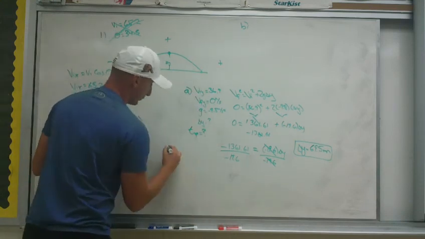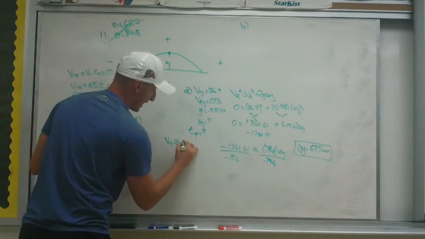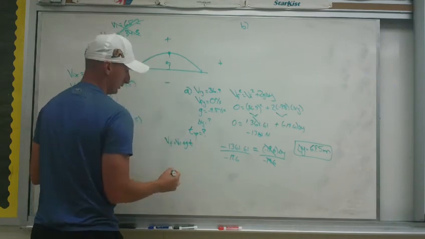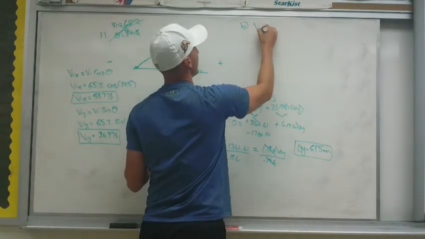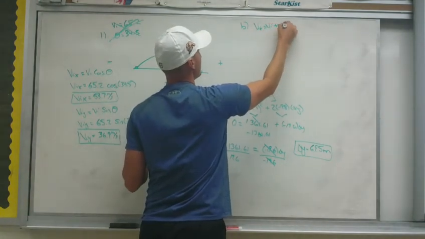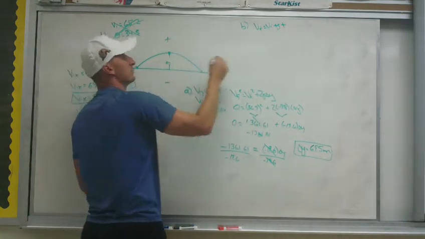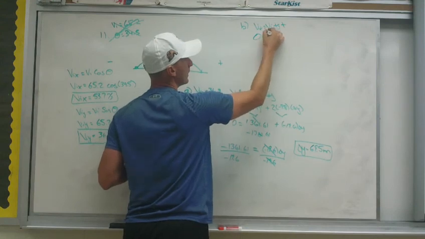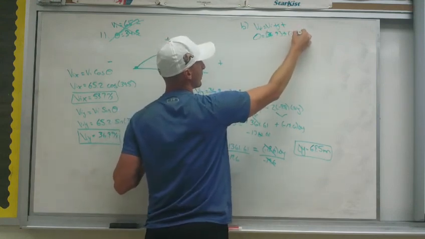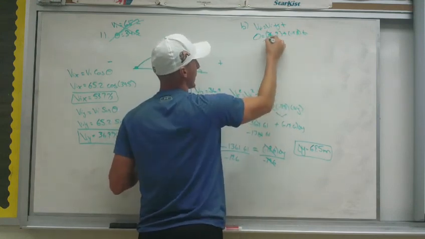I can use VF equals VI plus GT. Velocity final at my highest point is 0, VI is 36.9, plus negative 9.8 T.